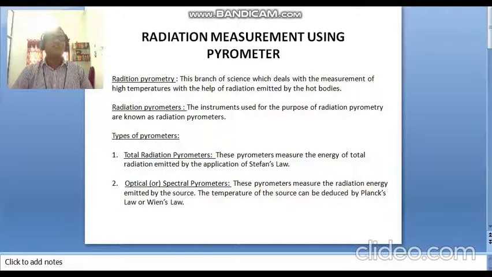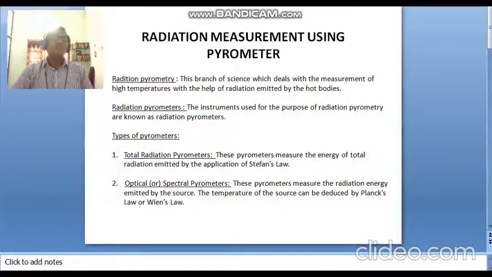Total radiation pyrometers measure the energy of the total radiation with the application of Stefan's law. As already discussed, the measurement of temperature in the case of the optical spectral pyrometer can be deduced by either Planck's or Wien's law.